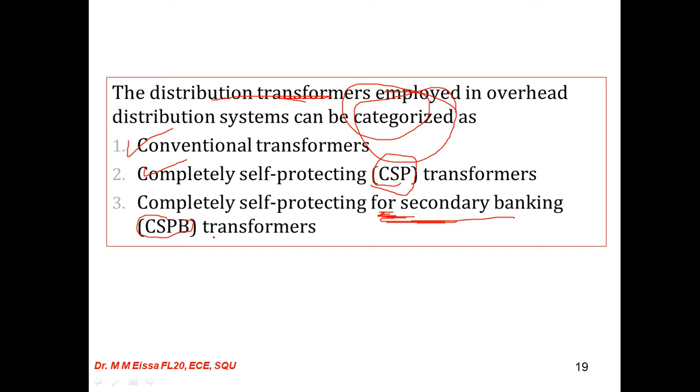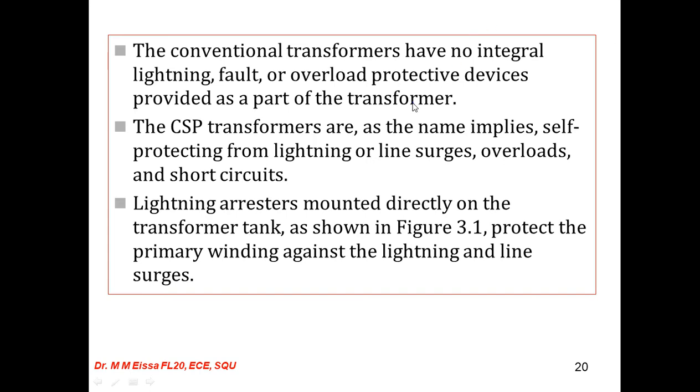For the first one, conventional transformers: the conventional transformers have no integral lightning, fault, or overload protective devices provided as part of the transformer. So here the transformer has no kind of protection. There are also no lightning arrestors, no overvoltage protection, and so on.